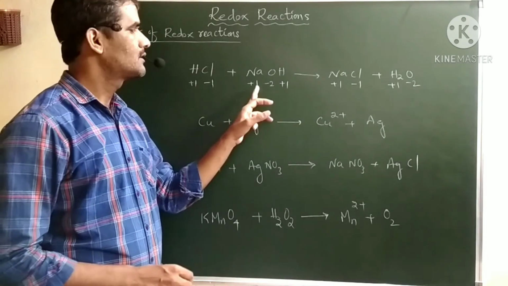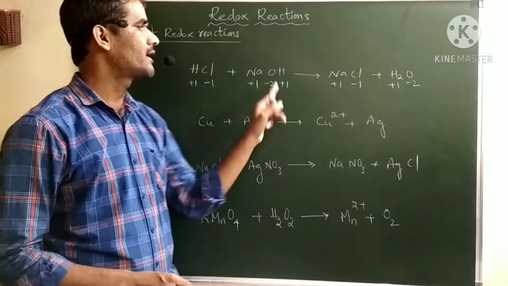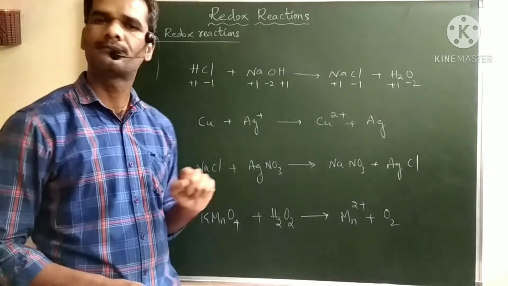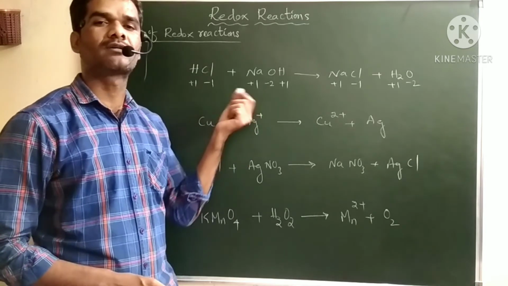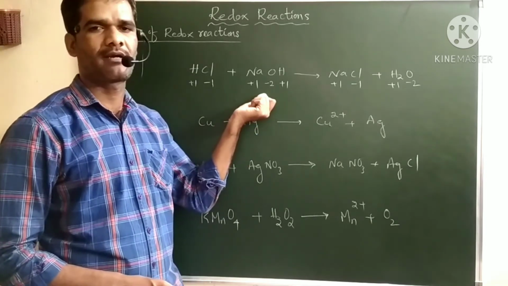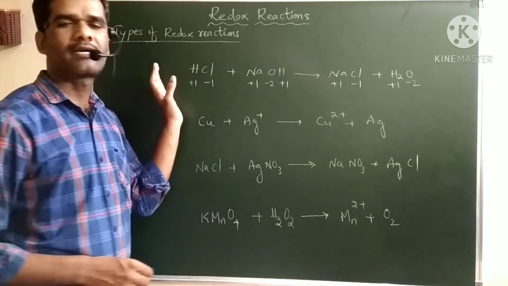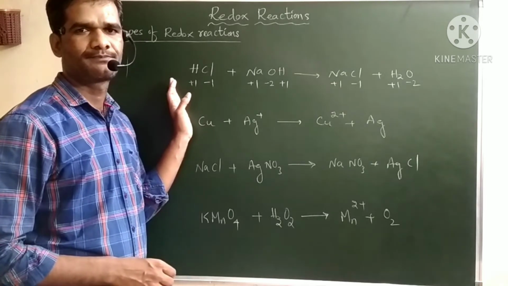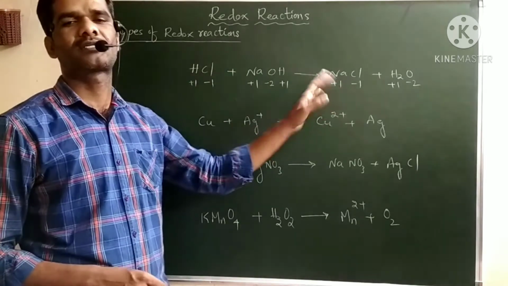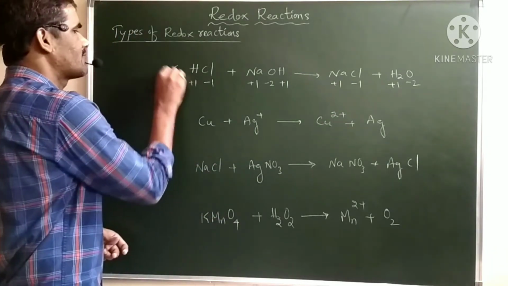Similarly in NaOH: sodium +1 to +1, oxygen -2 to -2, and hydrogen +1 to +1. Sodium hydroxide also has no change in oxidation state, neither oxidation nor reduction. So in this reaction you cannot identify an oxidizing species or a reducing species. There is no oxidation reaction and no reduction reaction, hence this is not a redox reaction.